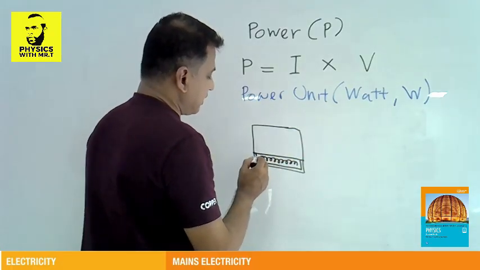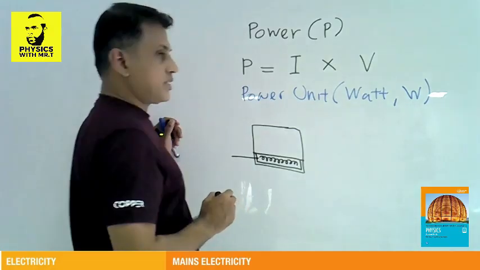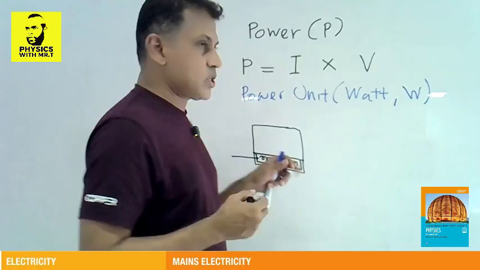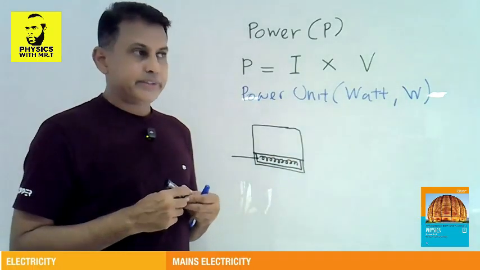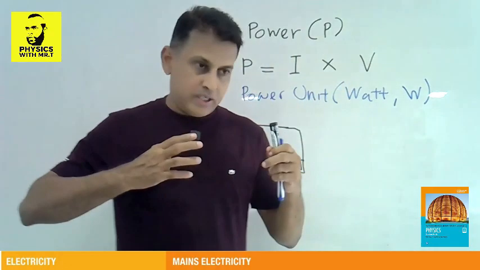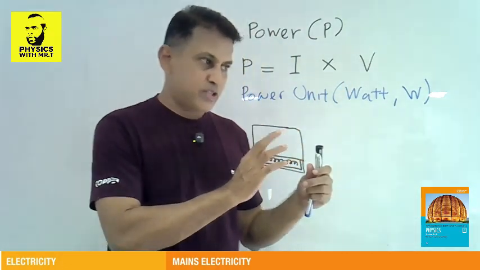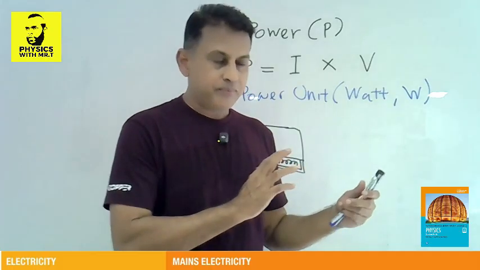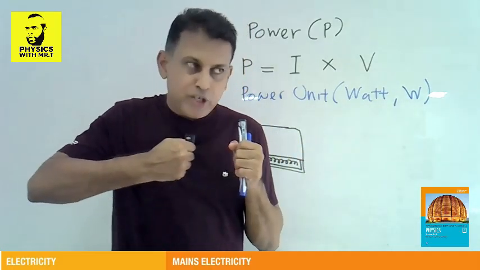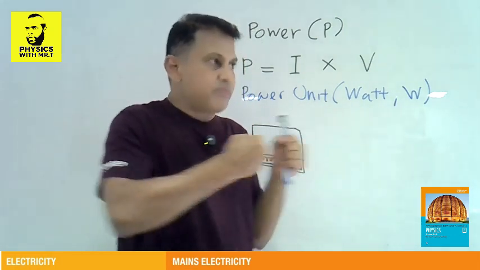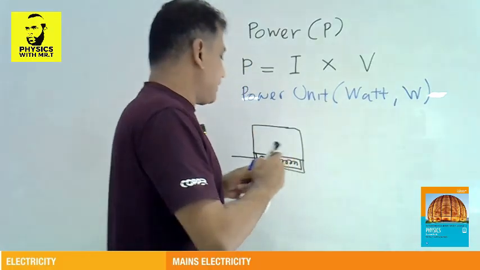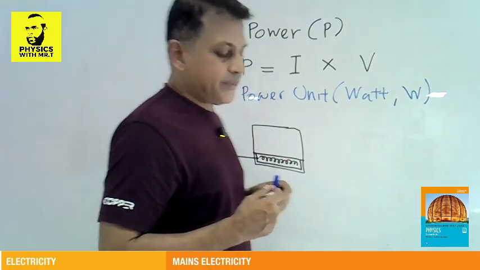When this is connected to the electricity, the electricity passes through this coil, and the coil makes it difficult for electricity to pass. We call it resistance. So the flow of electrons tries to pass through this coil with a lot of effort, which results in heat. And the heat is used to boil the water.